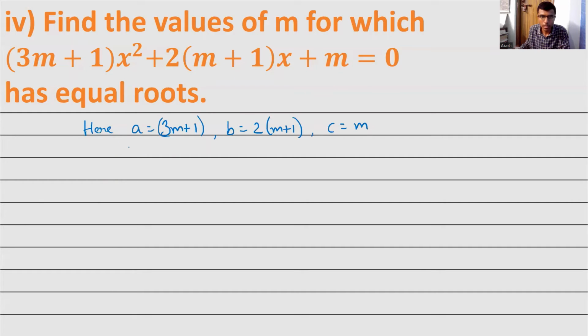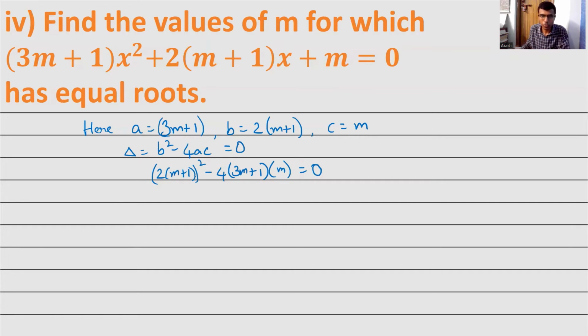So let's get started. Discriminant is nothing but equal to b square minus 4ac, and here it is equal to 0. Here our b is nothing but 2 times m plus 1 whole square minus 4 into a is 3m plus 1, and then c is nothing but m, is equal to 0.